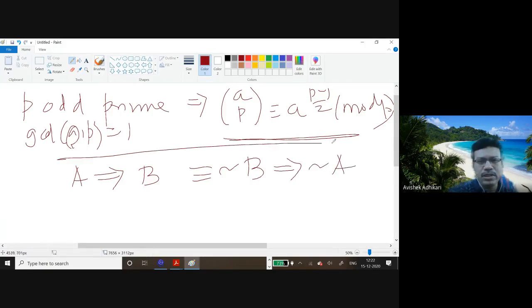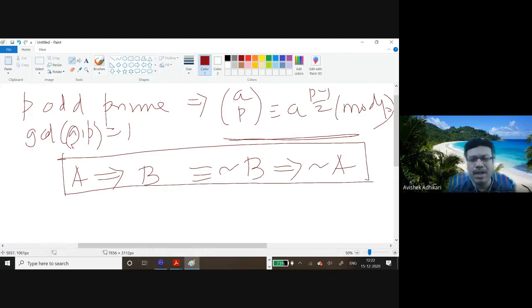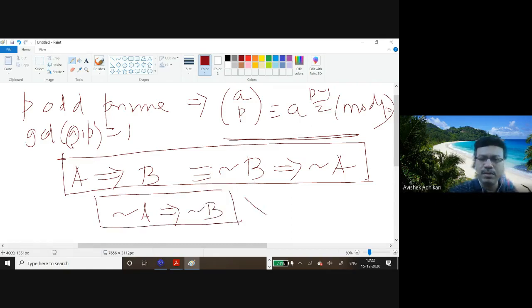This is the logic we very frequently use in mathematics. But sometimes I found many students, while using logical reasoning, use negation A implies negation B. But this is highly wrong. You have to remember A implies B is logically equivalent to its contrapositive, negation B implies negation A. The other is not correct. Unfortunately, some students use this kind of concept, and as a result their whole reasoning becomes wrong.